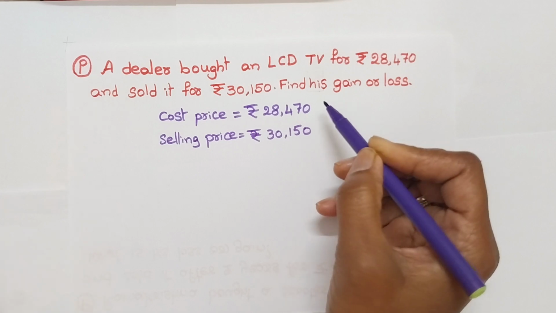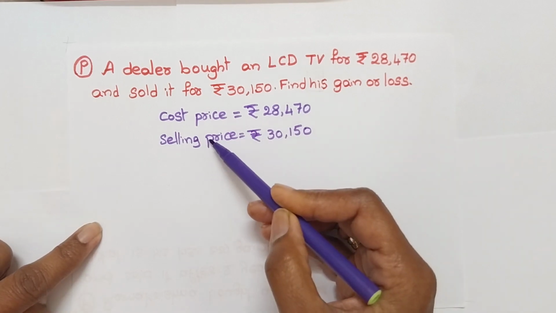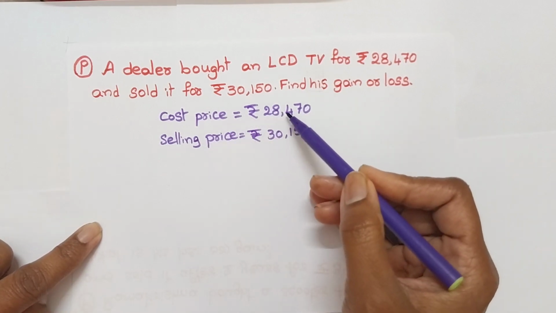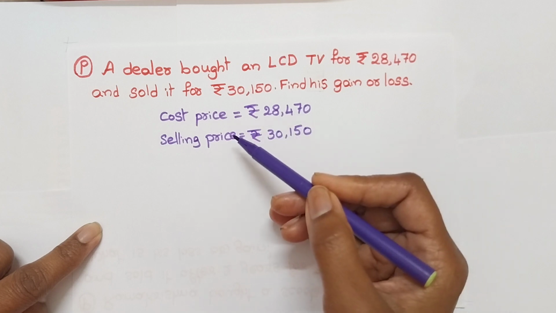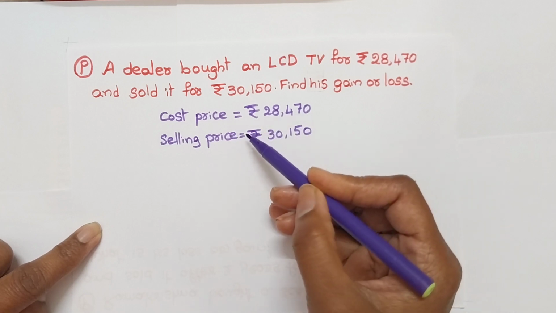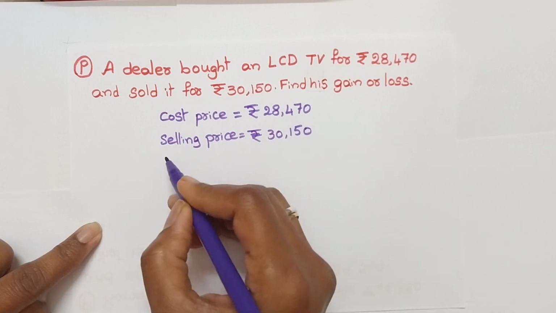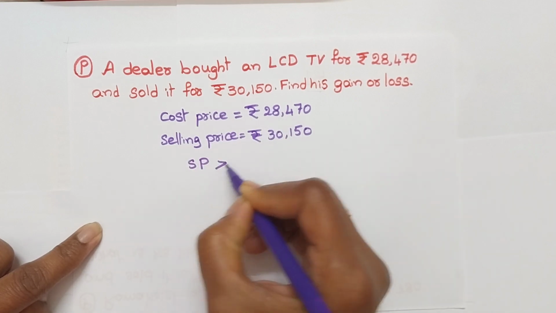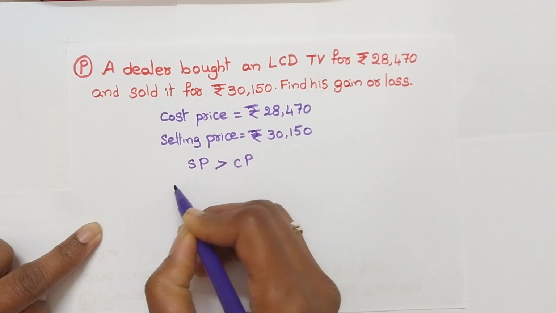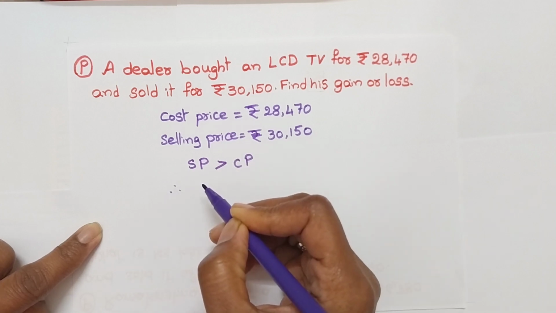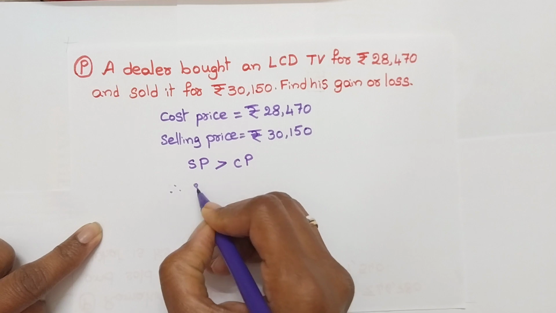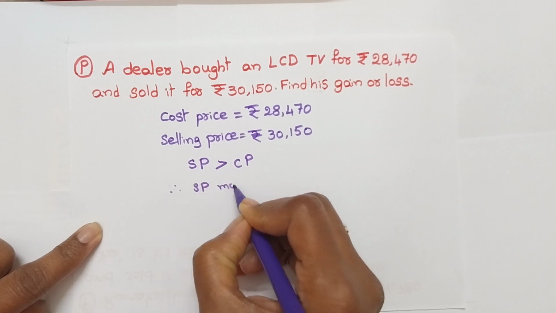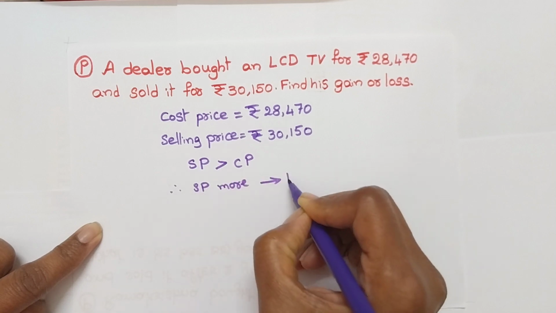If we observe here, selling price value is more than cost price. So from the formula, selling price more implies profit.